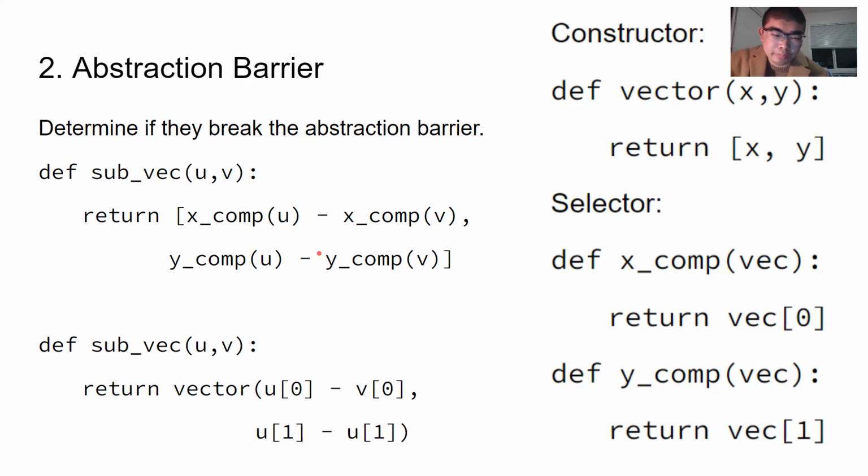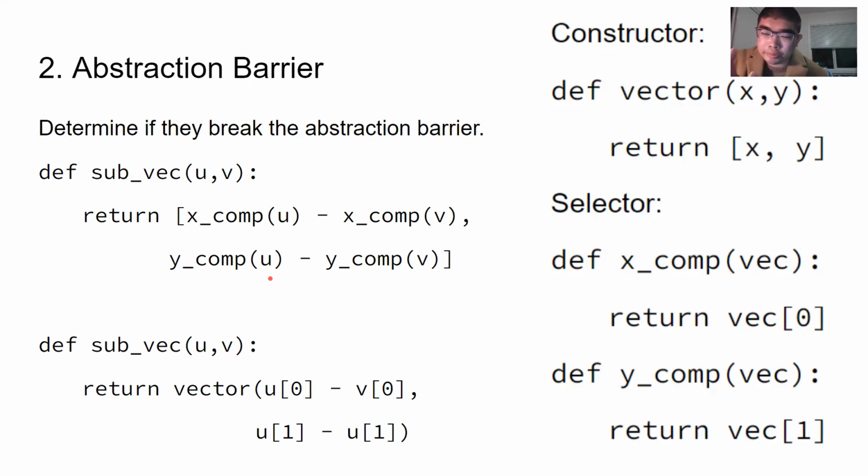So we can check it out one by one. So define subvector, and I do use the selector function, but how am I going to construct my result? Oh, okay. The person here uses the list type, like a square bracket. So he may know how we store the vector, but he didn't use the vector function.